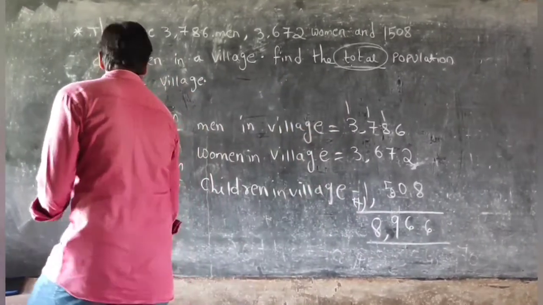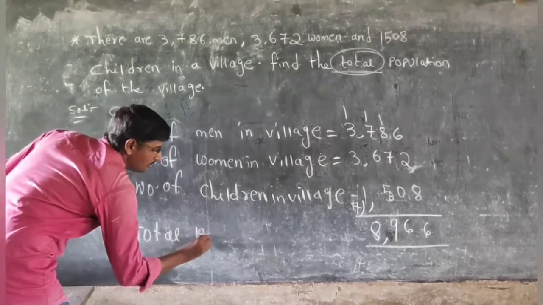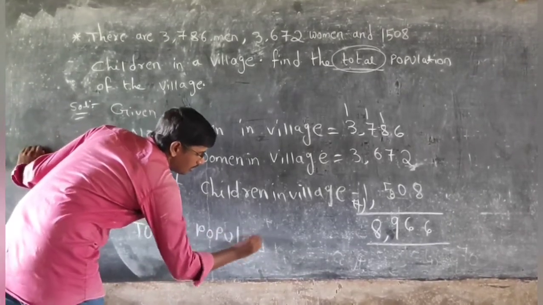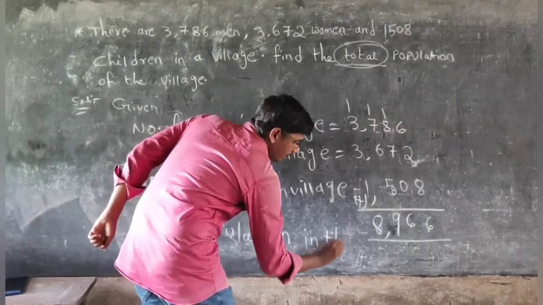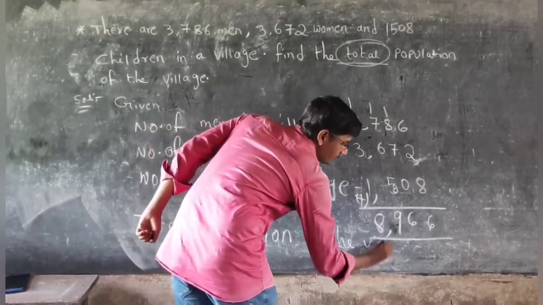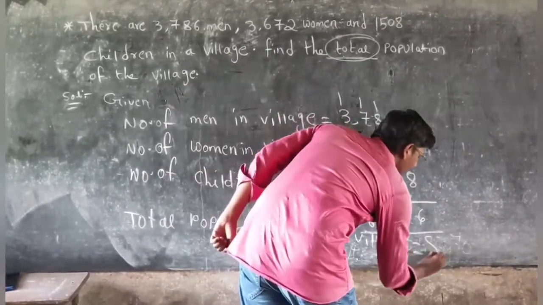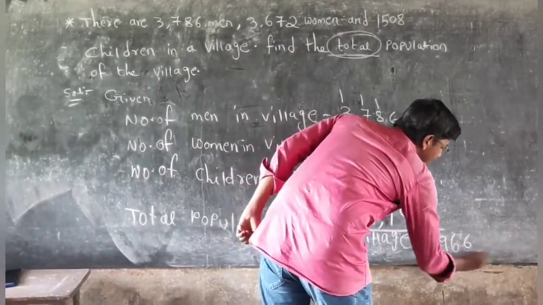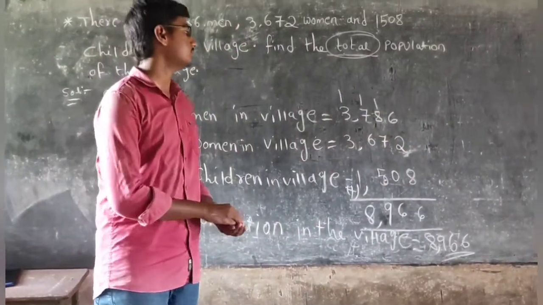So the total population in the village is 8,966. That is the solution for the above problem. Okay, students, pause this.